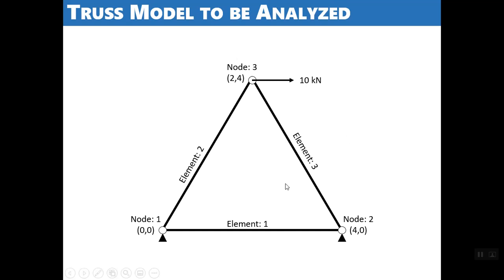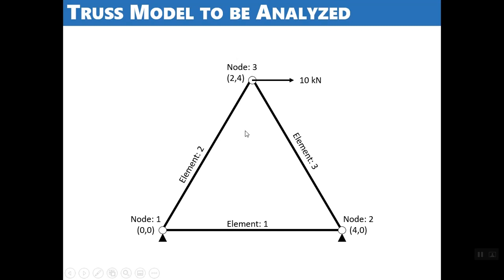For example, in this particular case, element number 1 has been given to the bottom element. Number 2 and number 3 have been assigned as element numbers to the other two elements. Similarly, each of the nodes has been assigned a number: node number 1, node number 2 and node number 3.